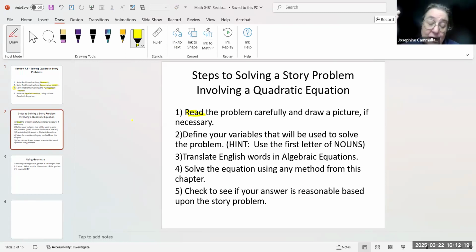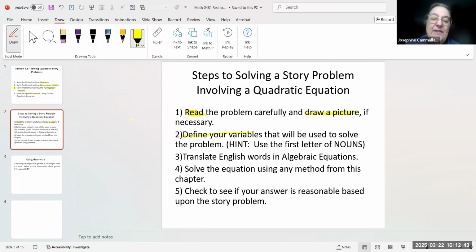Now, I like highlighters, and I highlight certain things that are math focused. Now, I draw a picture, and that's normally with geometry problems or anything to deal with a story that I can make a picture for, because sometimes looking at the picture helps me solve it.